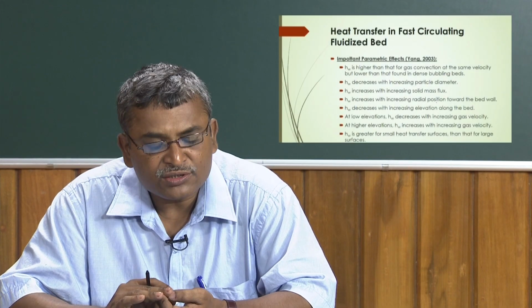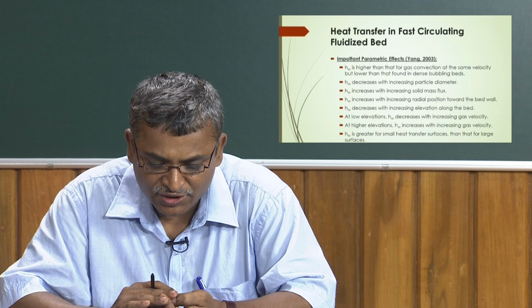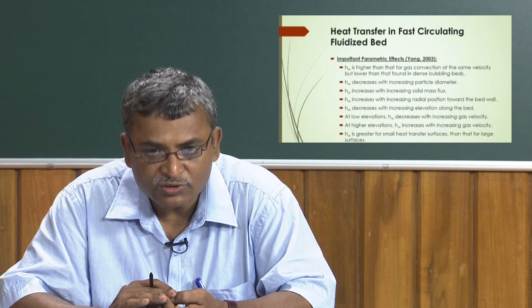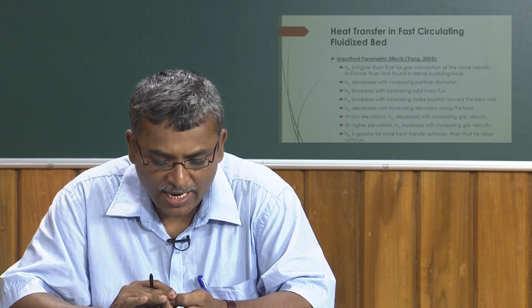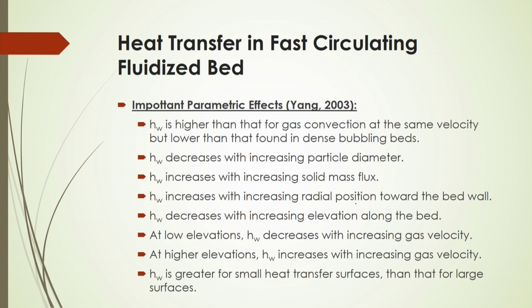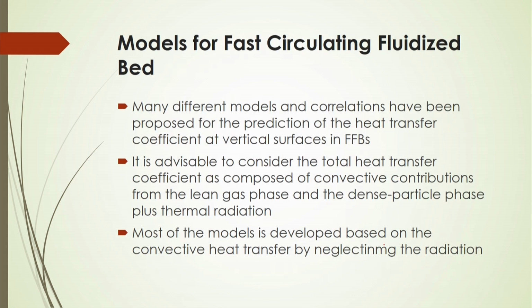At low elevations, the wall heat transfer coefficient decreases with increasing gas velocity, and at higher elevations it increases with increasing gas velocity. Also, it will be greater for small heat transfer surfaces than for large surfaces.